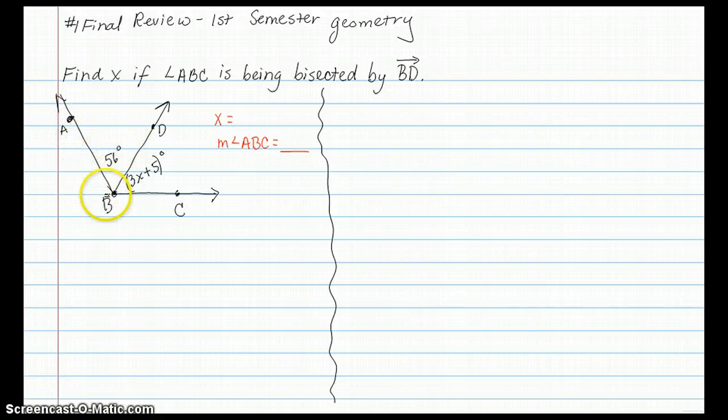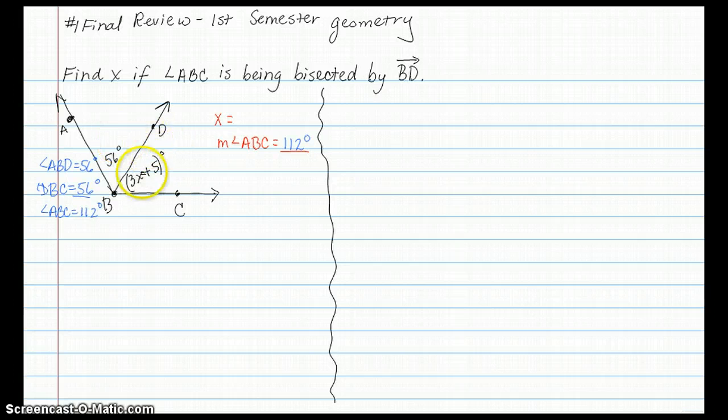Well, if angle ABD equals 56 degrees, then angle DBC equals 56 degrees. And that means that angle ABC is going to equal 112 degrees when you put them together.